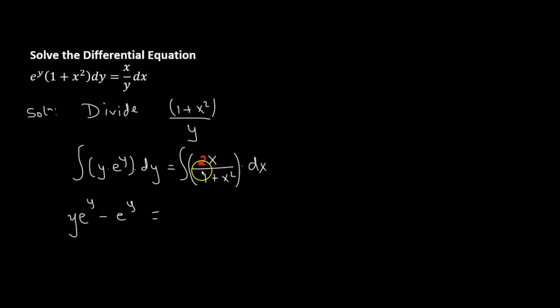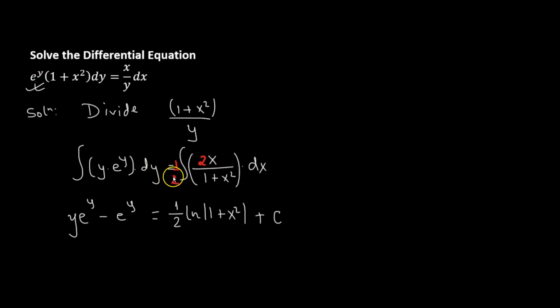We multiply by 2 and divide by 2 so that we can use the substitution method, and that should give us half natural log of 1 plus x squared plus the constant of integration c, and this is going to be the final solution to the given differential equation.